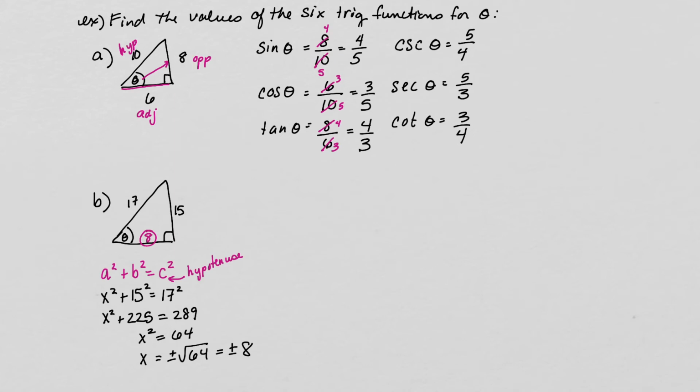So now I'm in a position where I can find the other trig functions, right? I can find the sine of theta, the cosine of theta, the tangent of theta, and then the cosecant of theta, the secant of theta, and the cotangent of theta.